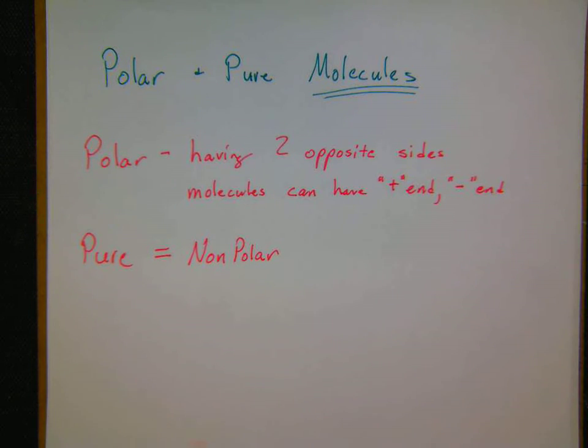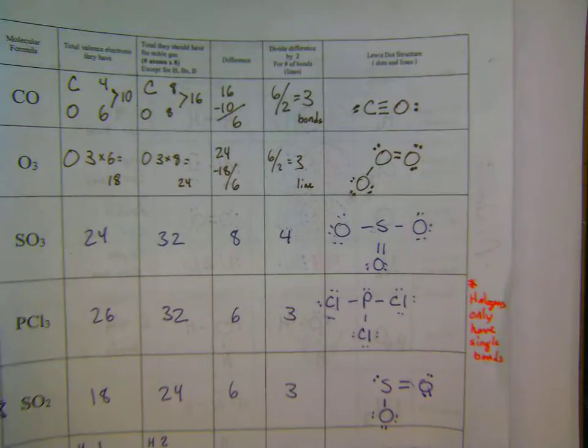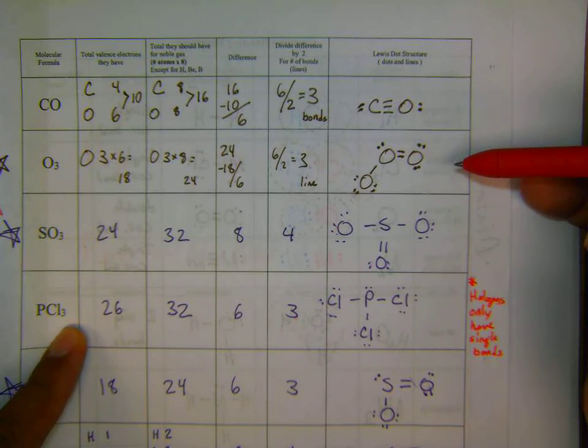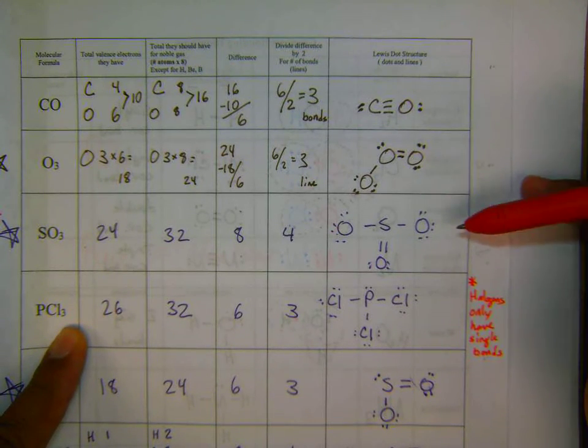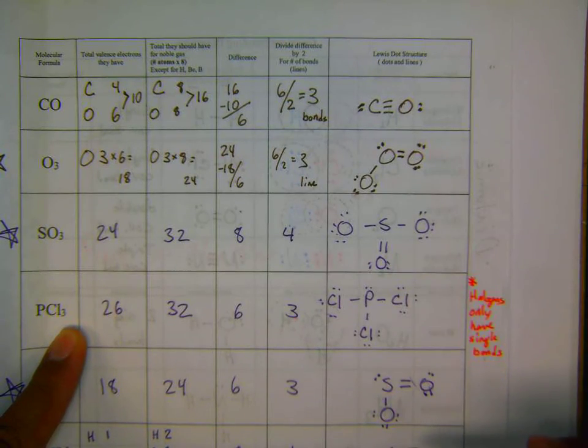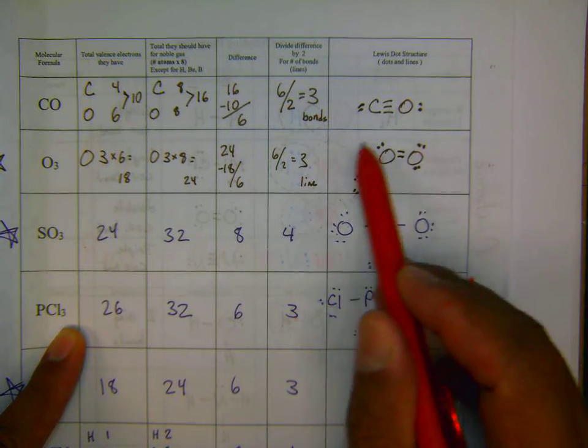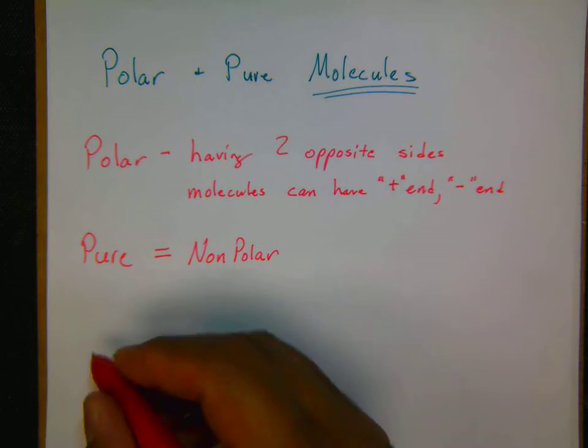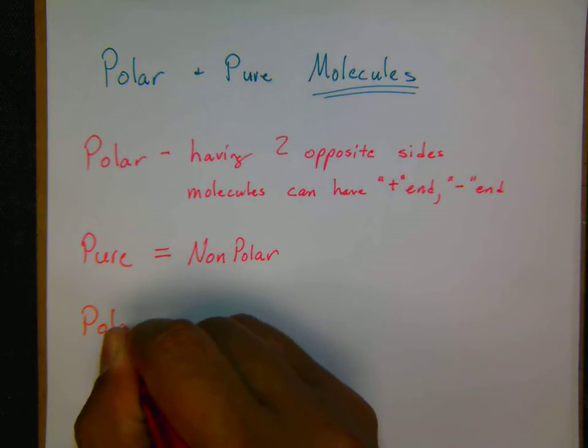Now, if we look at our homework, we can look at the molecules that we've drawn, and we can tell whether this has a positive or negative end. We can look at each one and say whether it's going to be polar or pure. The way we do that is that we have to look at the molecule that we've drawn.